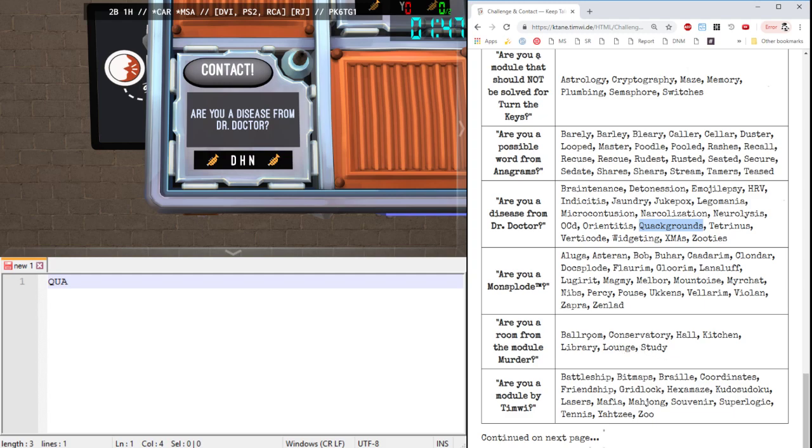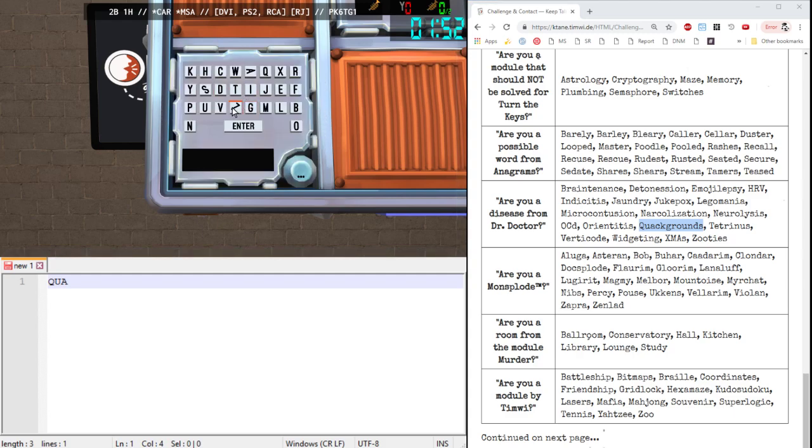Quack like a duck, grounds like backgrounds. Contact. Challenge. It's gonna give me a lot of time. A, C, K, G, R, O, U, N, D, S. It's a long one. 3, 2, 1. I think that may be the longest answer.